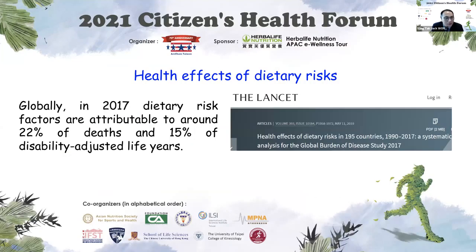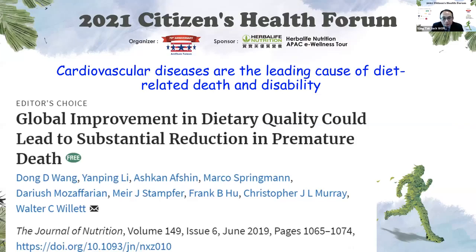In a systematic analysis on the global burden of dietary risk, it was determined that dietary risk factors contribute to around 22% of death and 15% of disability-adjusted life years globally. Furthermore, other studies have found that improving dietary quality could greatly reduce premature deaths.